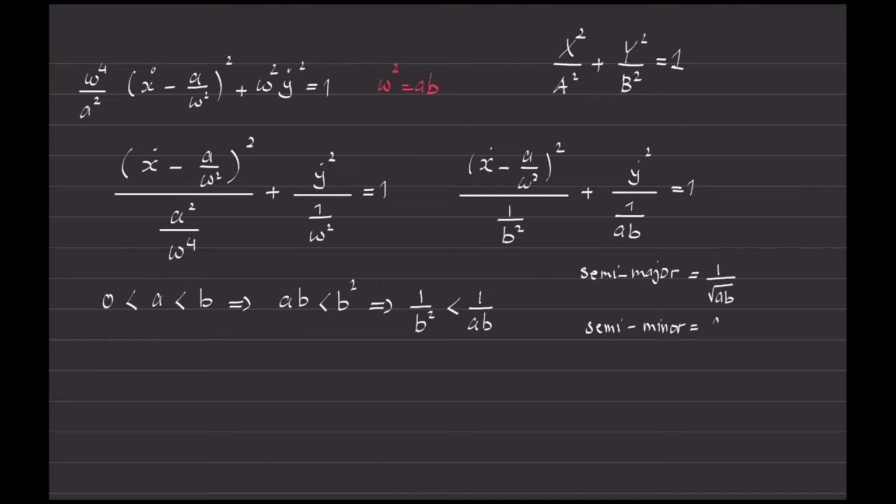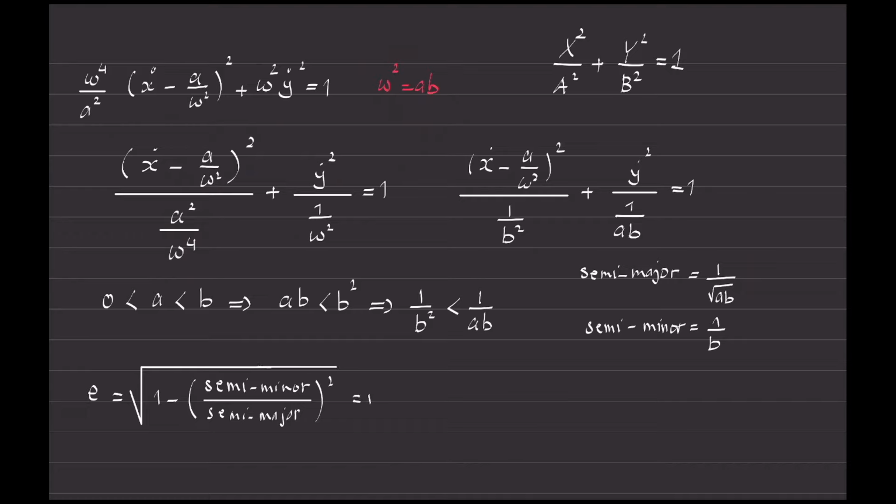and the semi-minor axis is 1 over b. But we know that the eccentricity of an ellipse is the square root of 1 minus semi-minor divided by semi-major, and then totally to the power 2. That is the formula of the eccentricity of an ellipse.